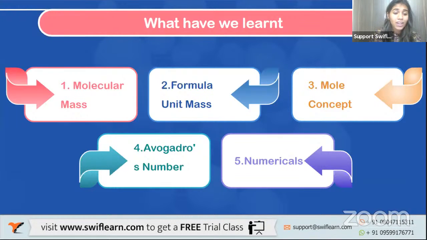Are we all thorough with the concept of molecular mass, formula unit mass, mole concept, and Avogadro's number? So one mole will always have 6.022 into 10 raised to 23 atoms in it. Always.